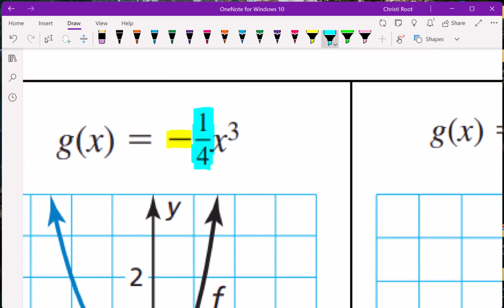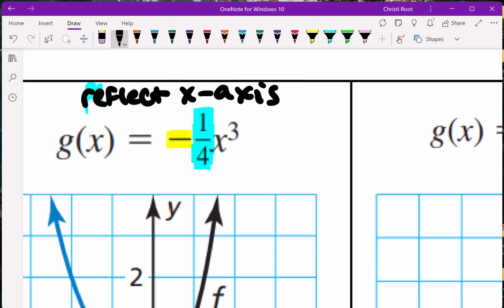So the negative is going to reflect. Let's write that down. We're going to reflect over the x-axis. How do I know I'm reflecting over the x-axis? Because it's in the front. If it was the y-axis, it would be inside the parentheses with x, but there's no parentheses here, okay? So what about the 1/4? Same thing. There's no parentheses here.